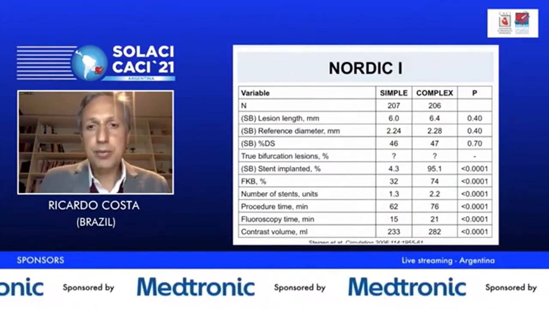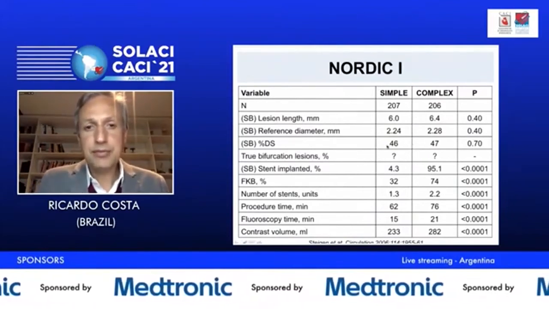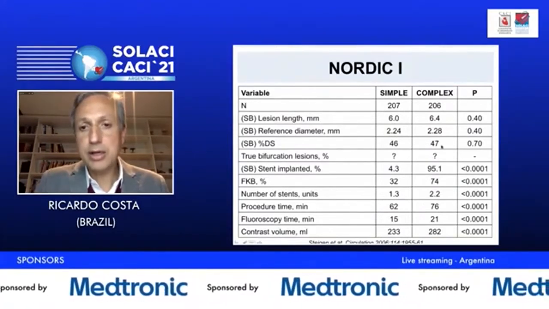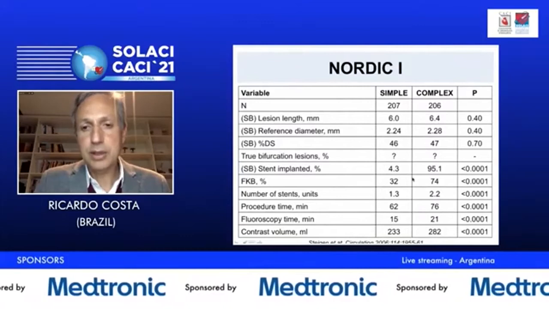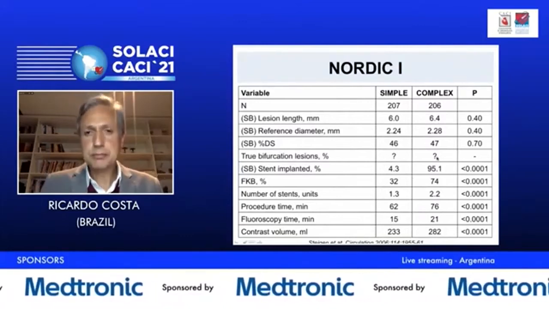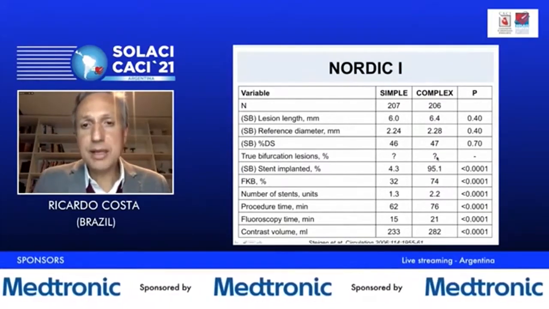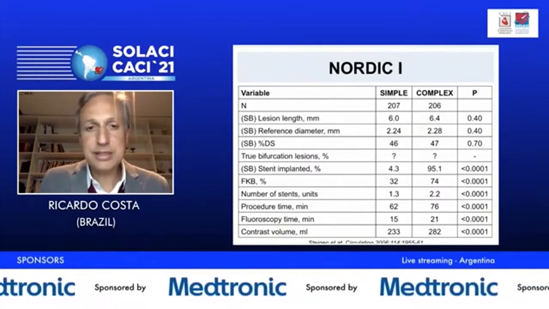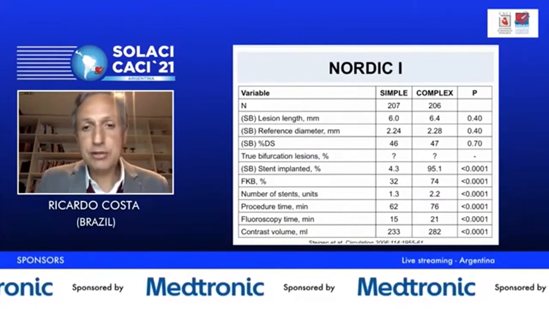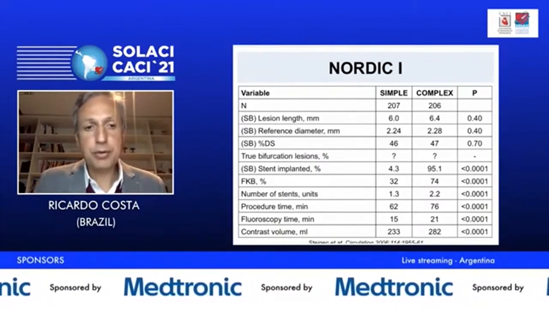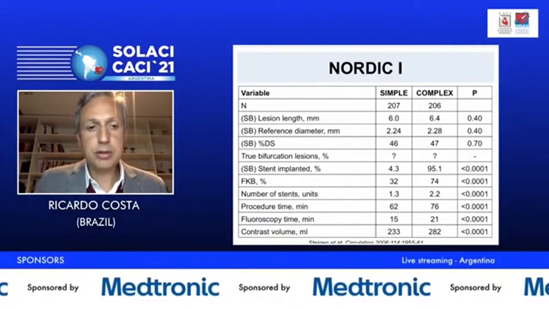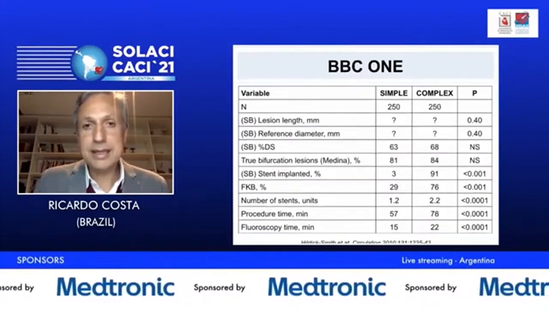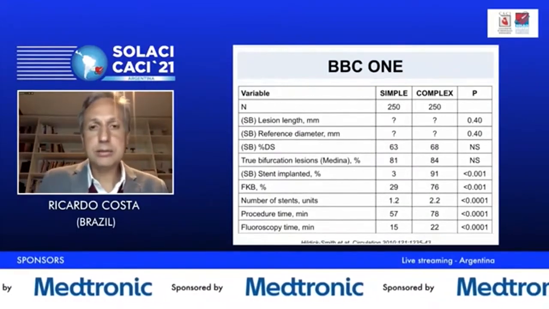In trials like Nordic 1, the percentage of stenosis in the side branch is lower than 50%. So in these types of cases, there is no benefit in favor of a complex strategy. We should use the technique that benefits, for instance, shorter procedure times, less contrast, and less use of material.